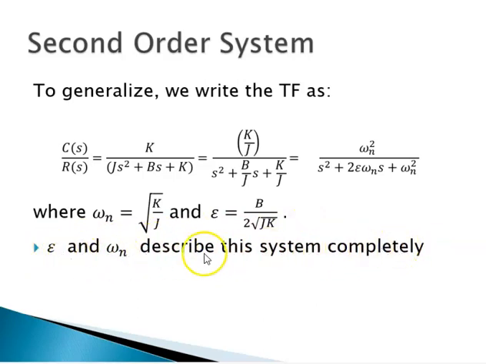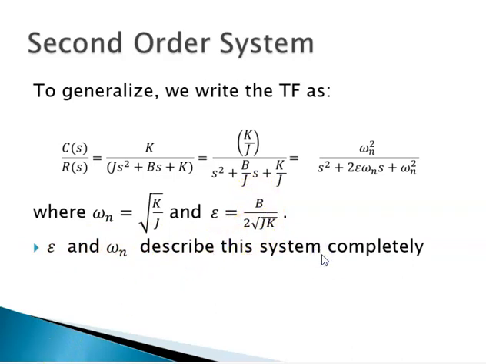If these two are specified, we can say completely all the aspects of response of a second order system. This omega n is called the natural frequency and this epsilon is called the damping ratio, b over 2 root jk. This 2 root jk is called critical damping. So this damping ratio is b over b critical.